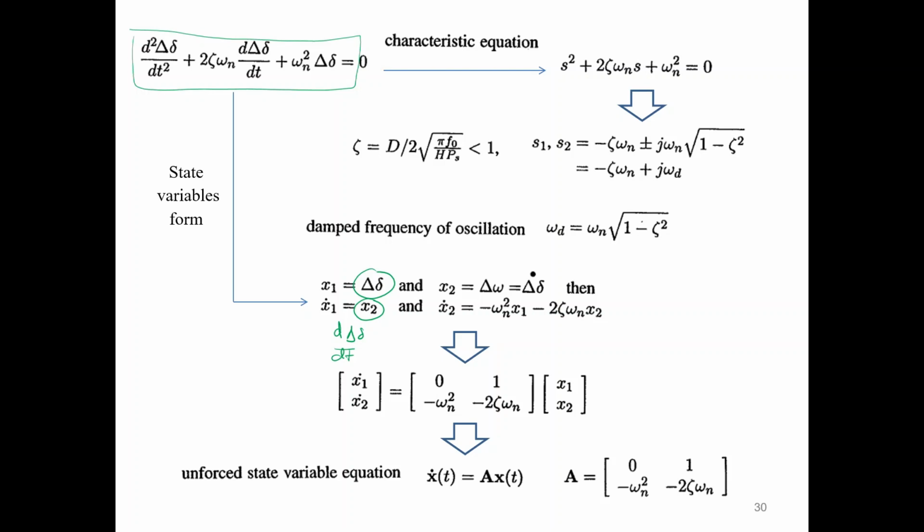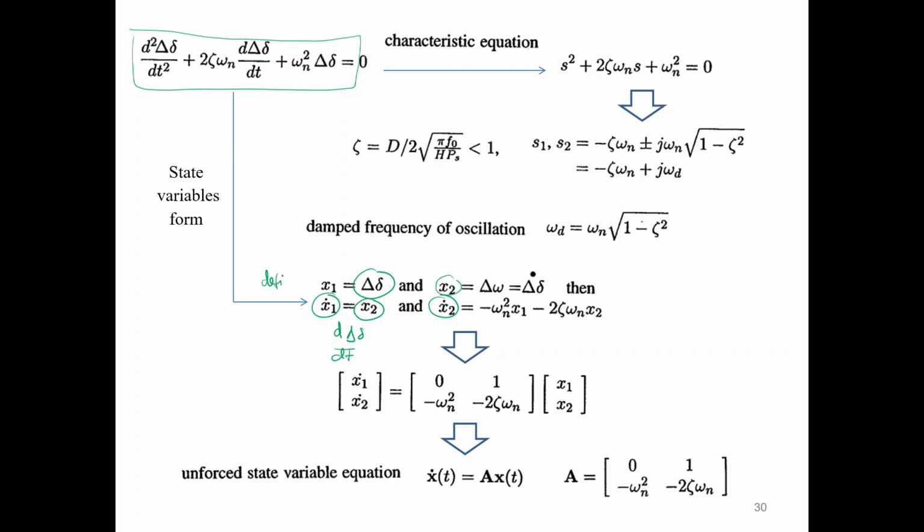Now you can rewrite the second order ODE into two first order ODEs in this form, x1 dot and x2 dot. x1 dot is x2 because this is the definition.